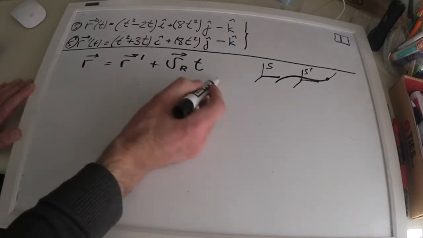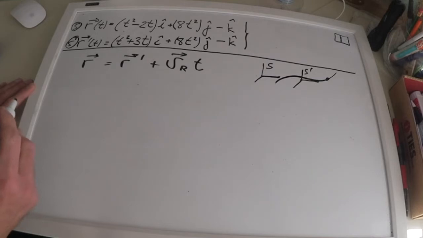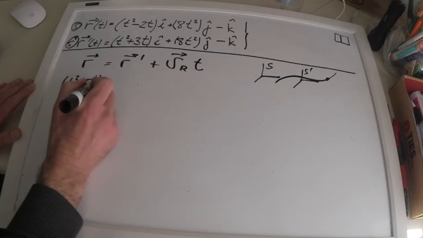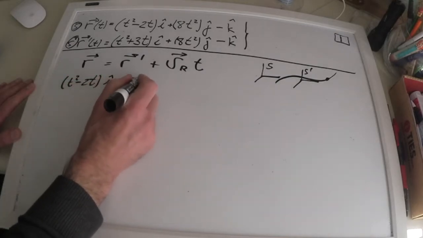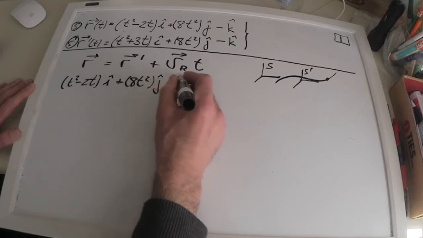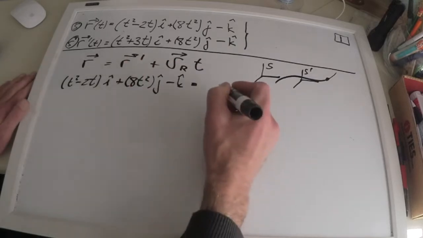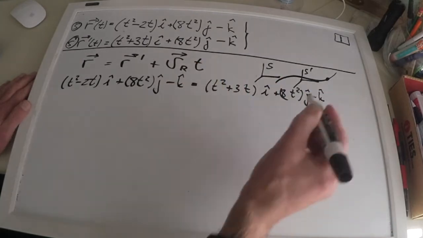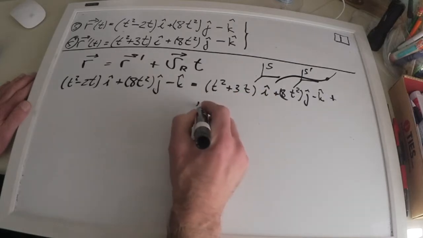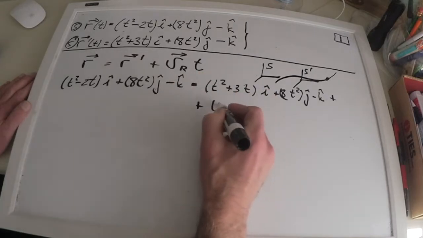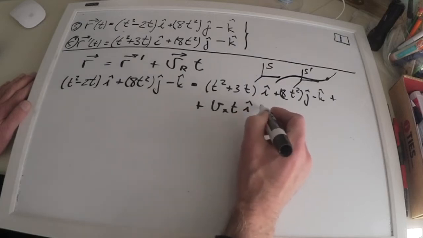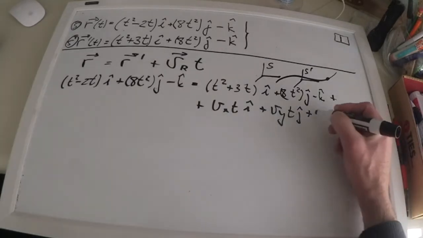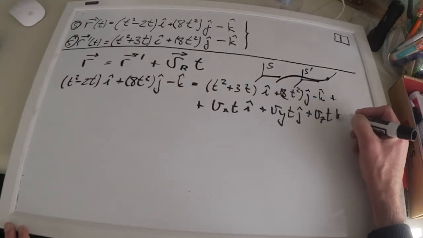So, using this Galileo equation of transformation, we will write r here as (t squared minus 2t) i hat plus 8t squared j hat minus k hat is equal to r prime plus the relative velocity, which will have three components, vx t i hat plus vy t j hat plus vz t k hat.